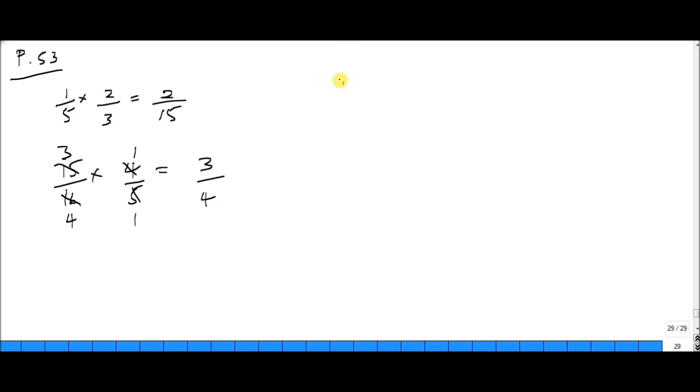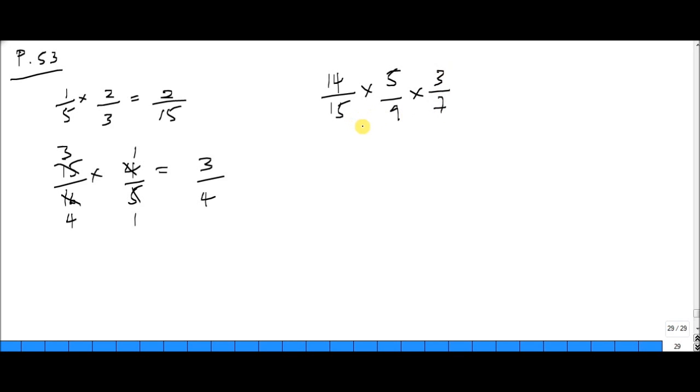Last example they have is 14 over 15 multiplied by 5 ninths multiplied by 3 sevenths.